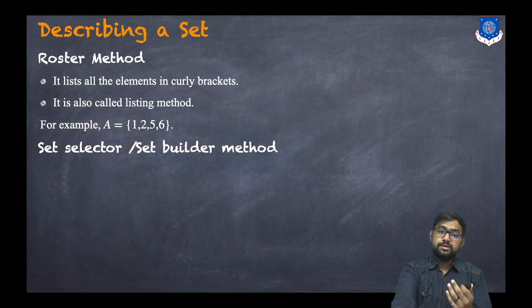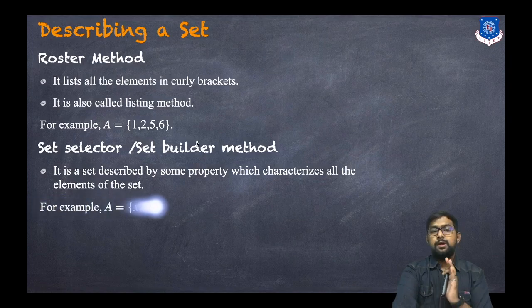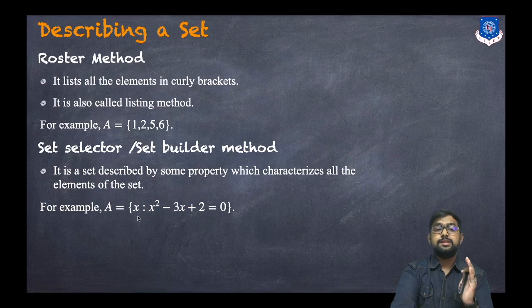Now the second method is the set selector or set builder method. It is a set described by some property which characterizes all the elements of the set. For example, A = {x : x² - 3x + 2 = 0}. Here we don't know the value of x; it is described by some property.